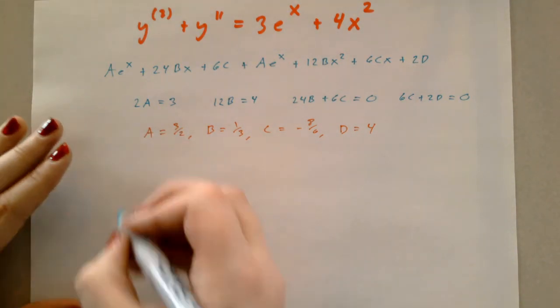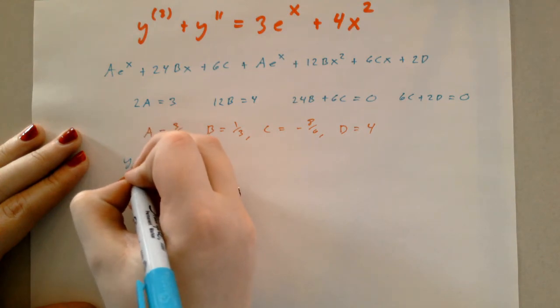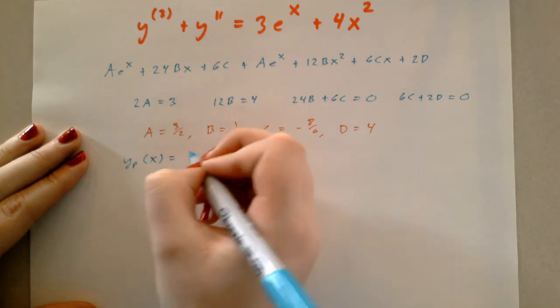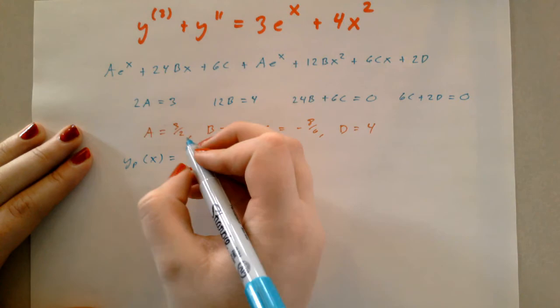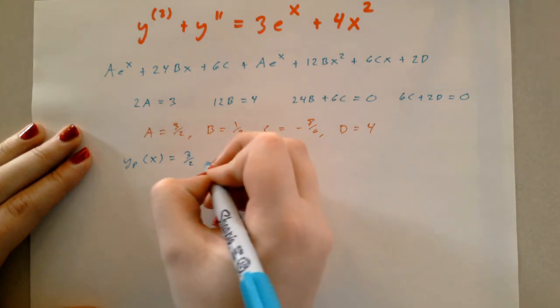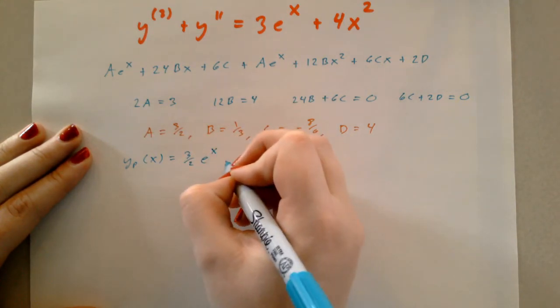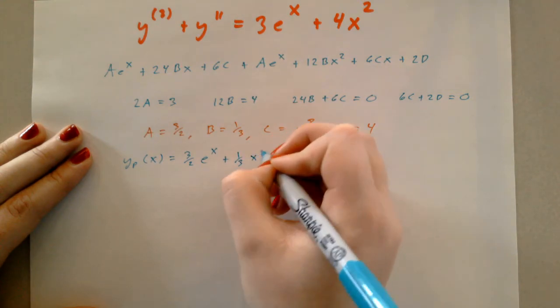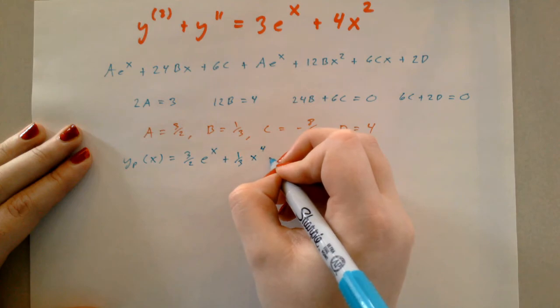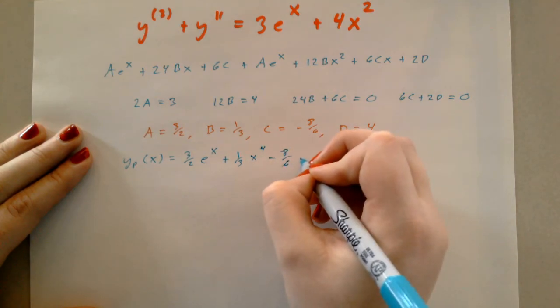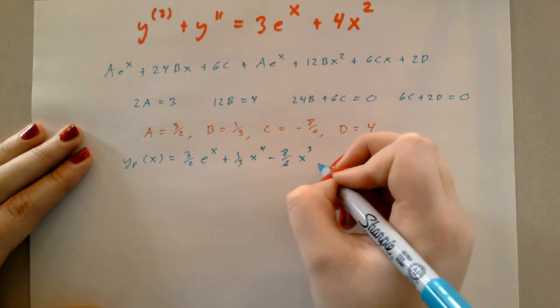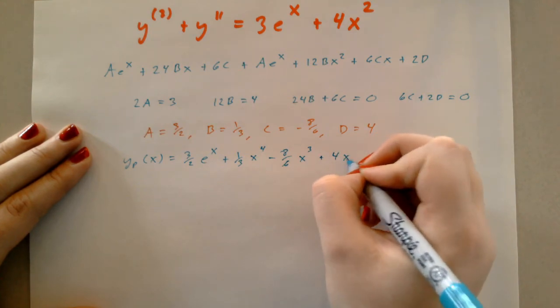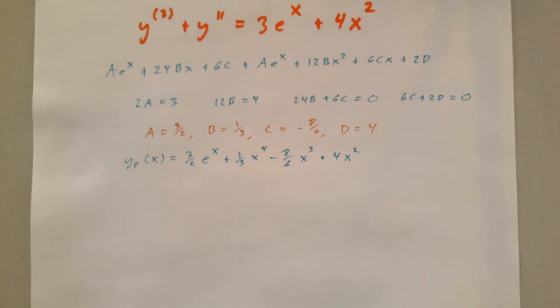Using these coefficients, our final particular equation becomes 3/2 e to the x plus 1/3 x to the fourth minus 8/6 x cubed plus 4x squared. This is the final form of our particular equation.